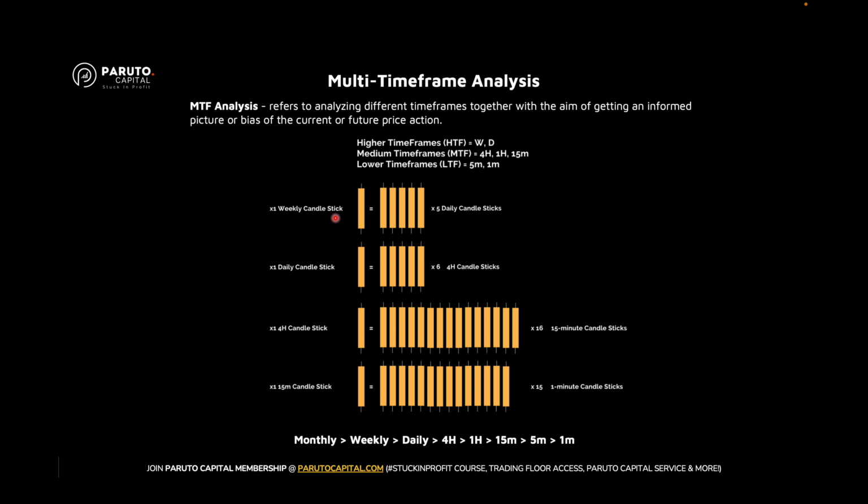A typical 1 weekly candlestick would comprise about 5 daily candlesticks, Monday to Friday. 1 daily candlestick will comprise about 6 4-hour candlesticks, and 1 4-hour candlestick will comprise about 16 15-minute candlesticks, and a 15-minute candlestick is going to comprise about 15 1-minute candlesticks. So multi-time frame analysis usually starts from the monthly, then the weekly and daily, then 4 hour, 1 hour, 15 minutes, 5 minutes, and then 1 minute.